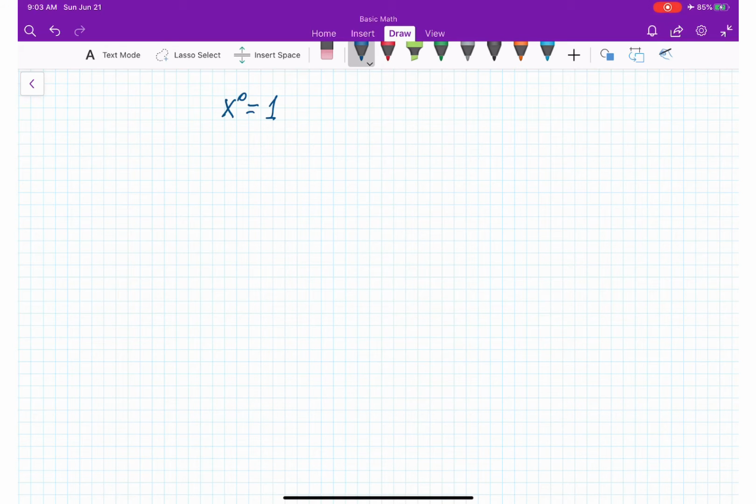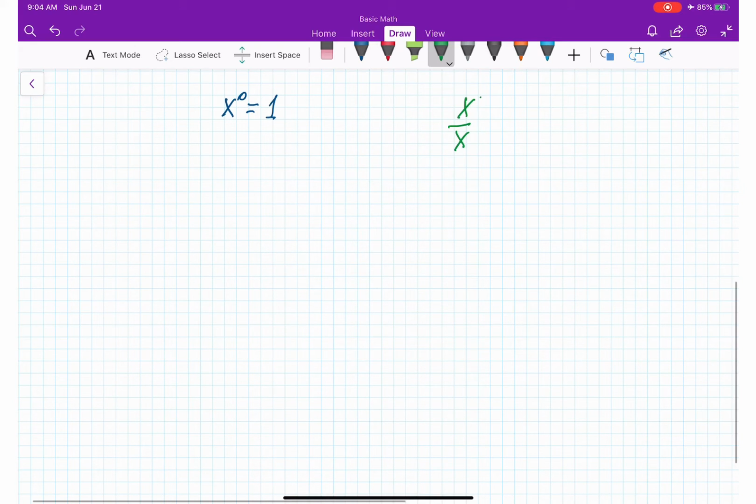If I take x divided by x, I can write down x to power 1. It's the same thing, right? x to power 1, because when we say x, that means power 1 and coefficient 1, just like when you say 1 apple or an apple, it's the same thing.